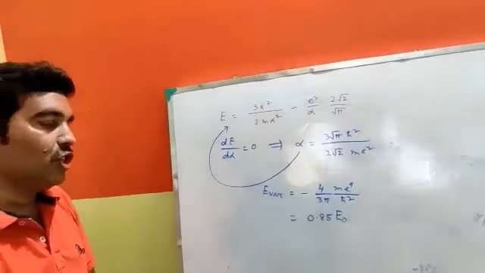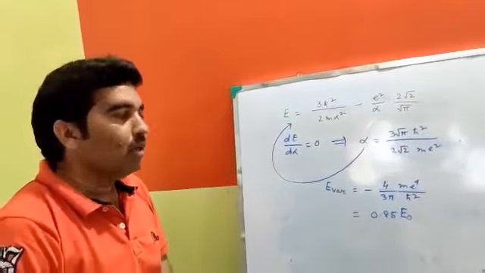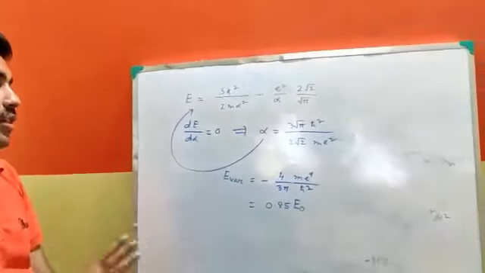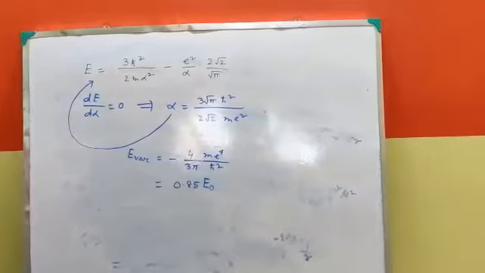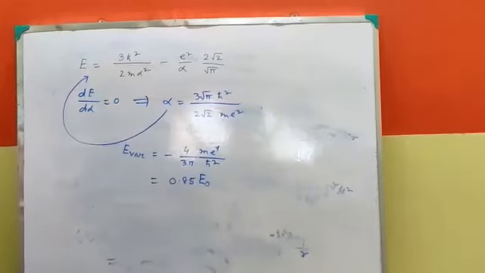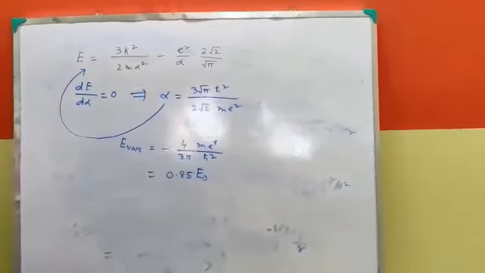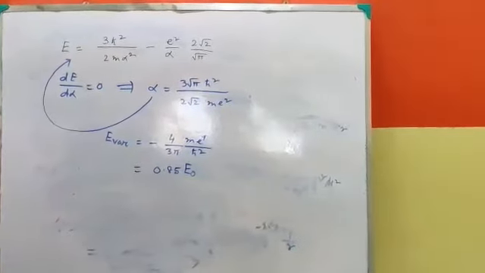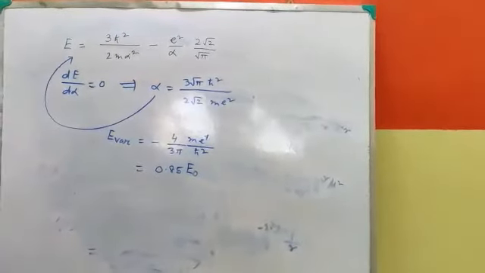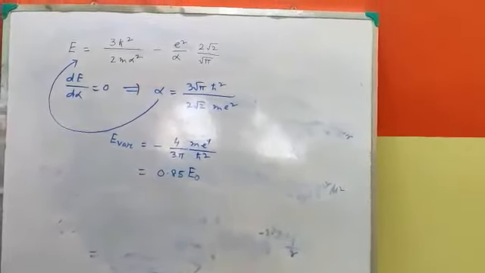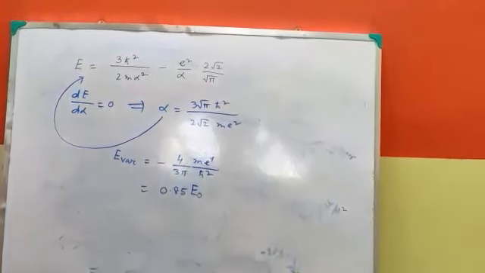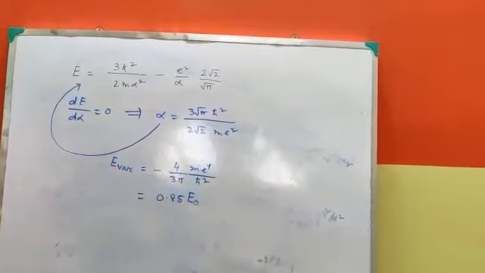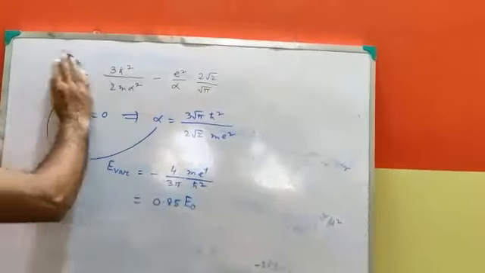In our next lecture, we will proceed to the helium atom to solve it by using variational procedure and get its ground state energy. Before conclusion, I will give you an exercise based on the variational method.